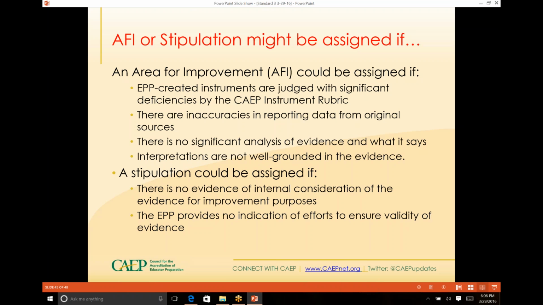Okay, so let's say you say, well, we have a mean of such-and-such at candidate admission, and for our non-academic criteria, your reviewers may well ask to see the data set that you derive those means from and do their own calculations. If you don't analyze your evidence, and what it says, not significantly digging deeply into your own data, then you're going to end up with an AFI, and if your interpretations are not well grounded in the evidence.